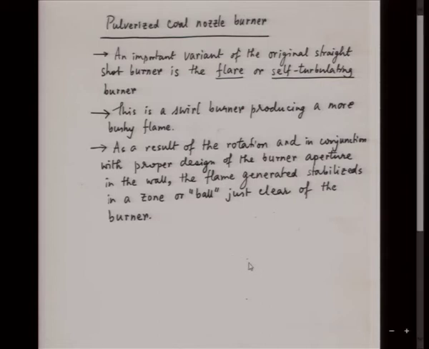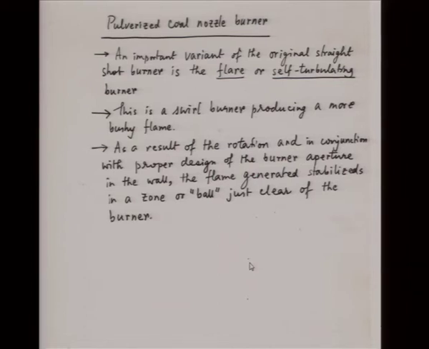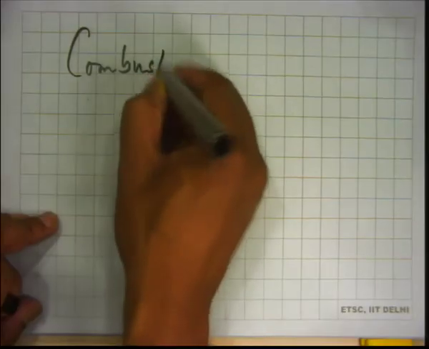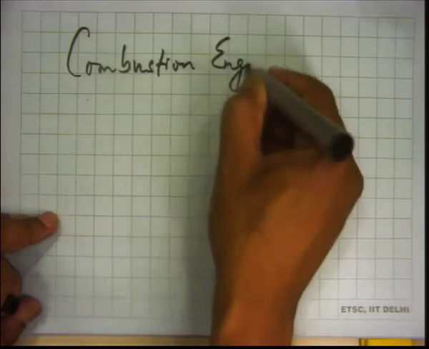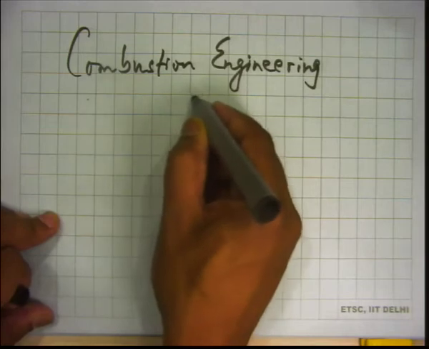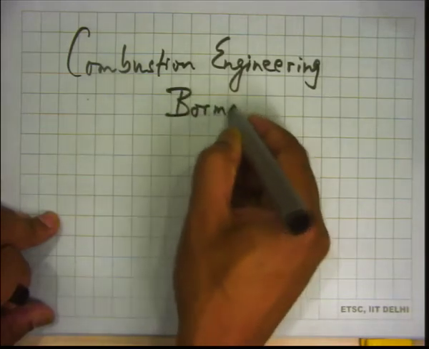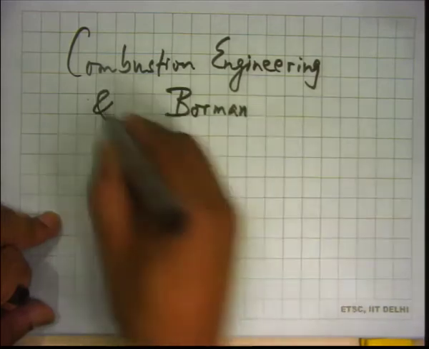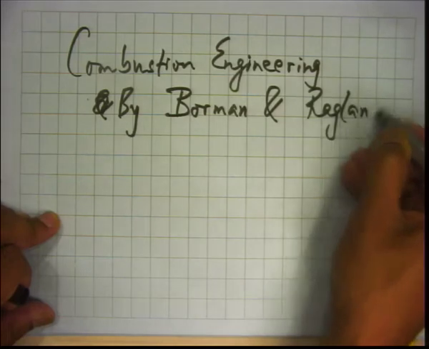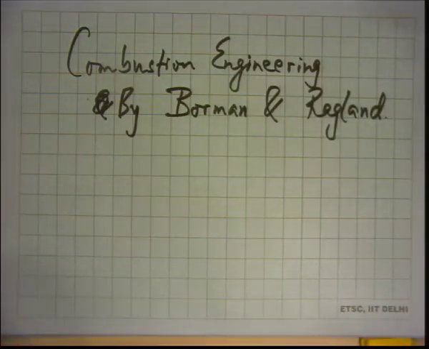All right, so the other point that I should mention is that if you look up Turns's book, it doesn't have these details. So this is from a book. Some of the information that I'm giving you is from a book called Combustion Engineering by Borman and Ragland.